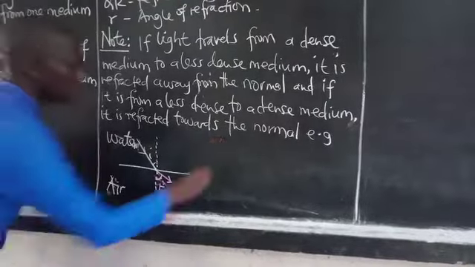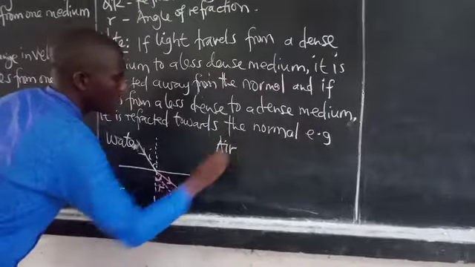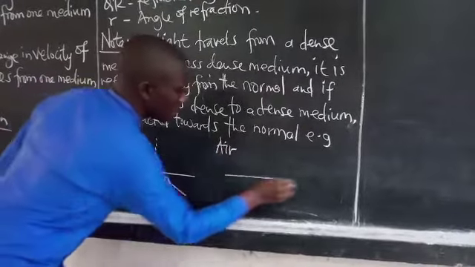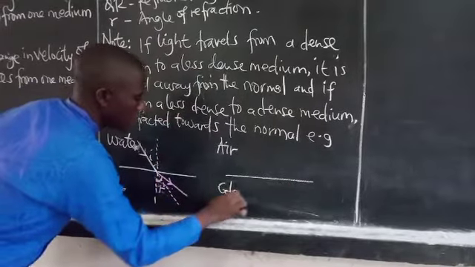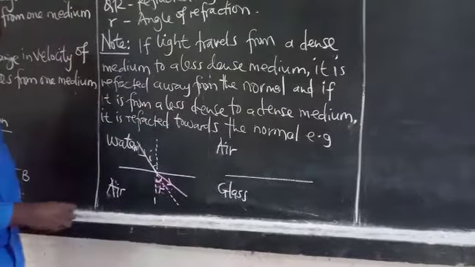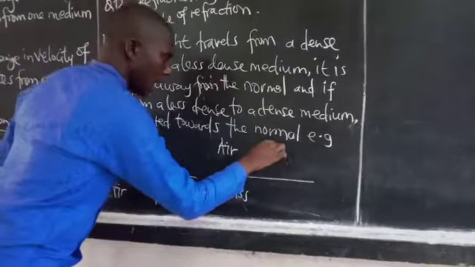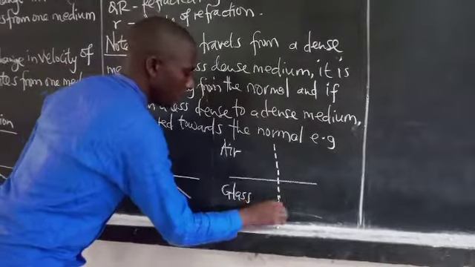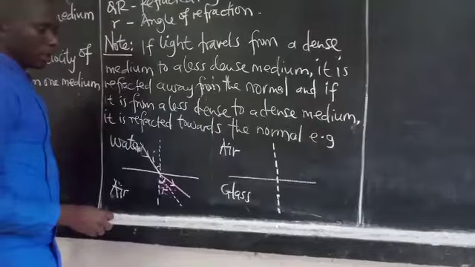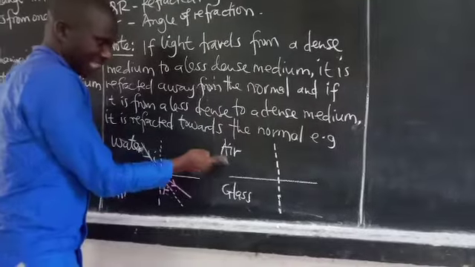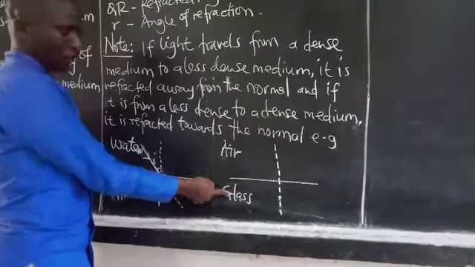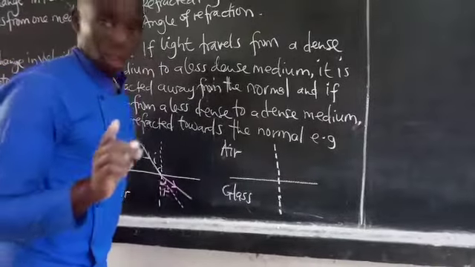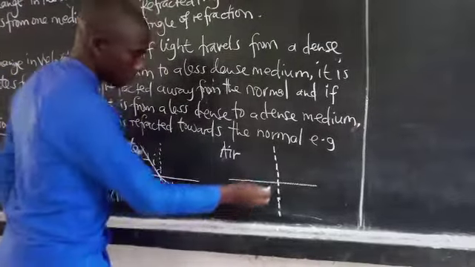Let's have, maybe, air to glass. This is glass. How does light behave at the boundary? That's the boundary, and that's our angle. This is less dense than this. Therefore, it will be refracted towards the normal.